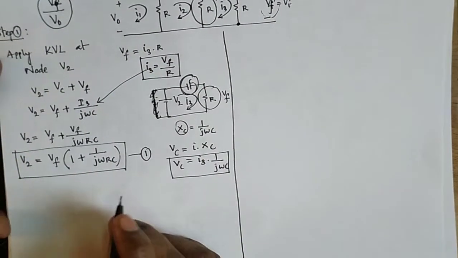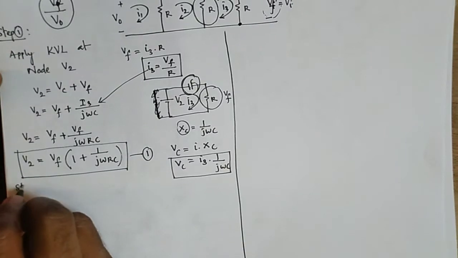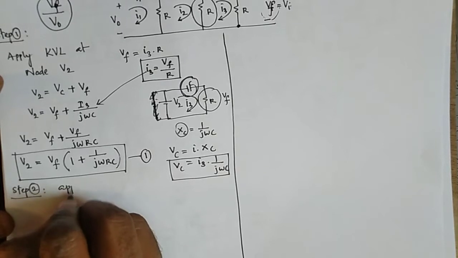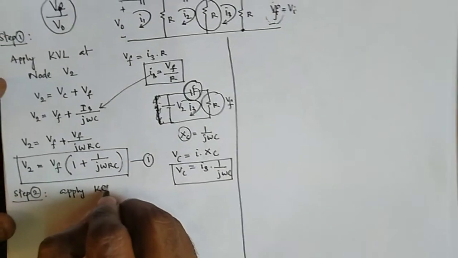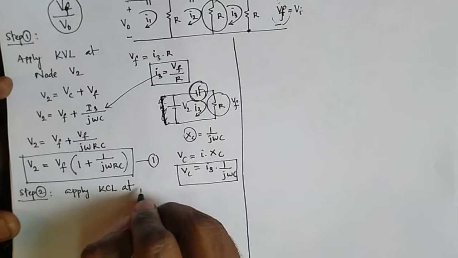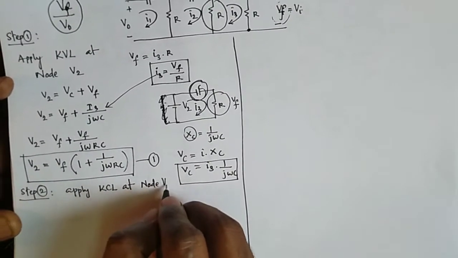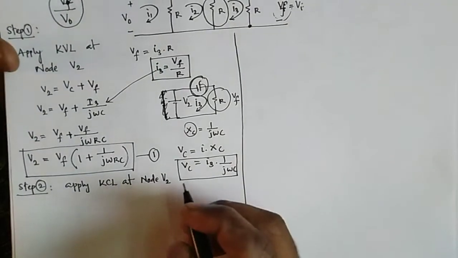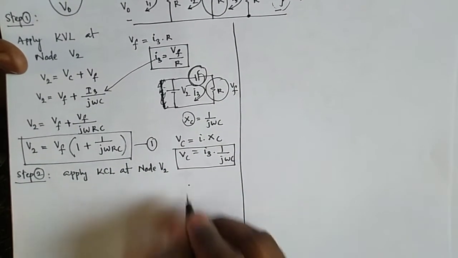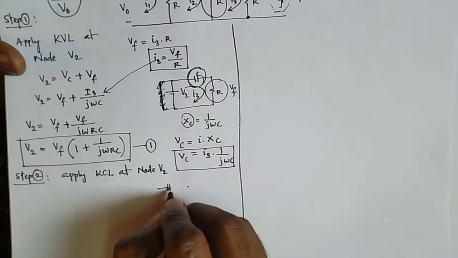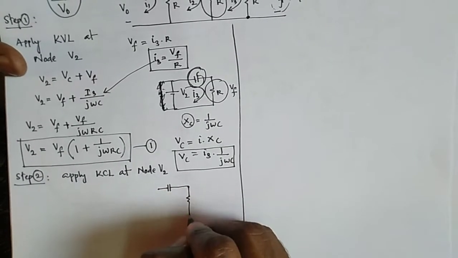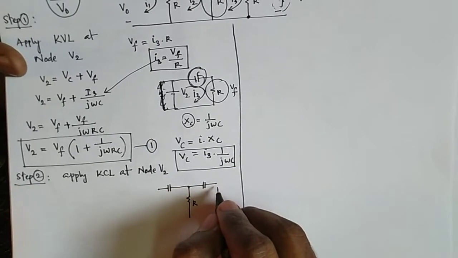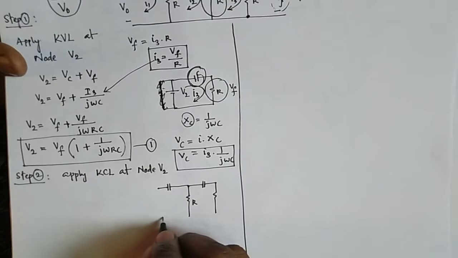Next, similarly, step 2: apply KCL at the same node, at node V2. So the general procedure is, at V2 there is the capacitor and the resistor, this is the capacitor, and this is the resistor.